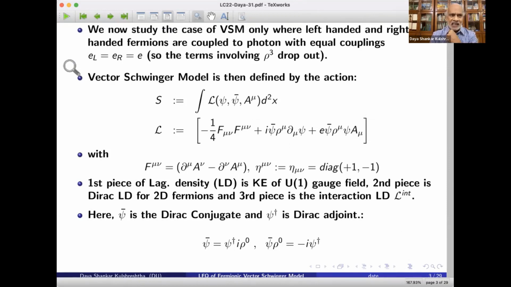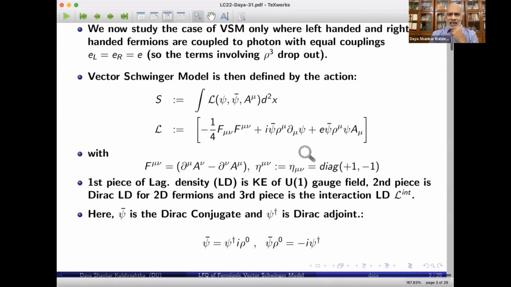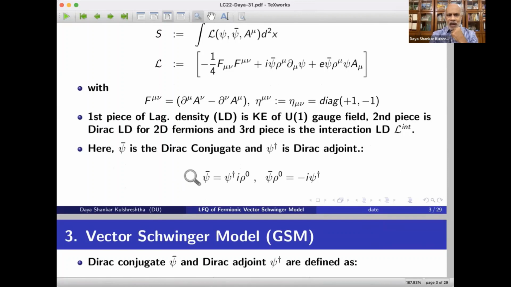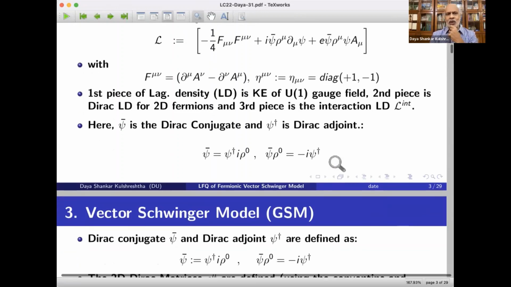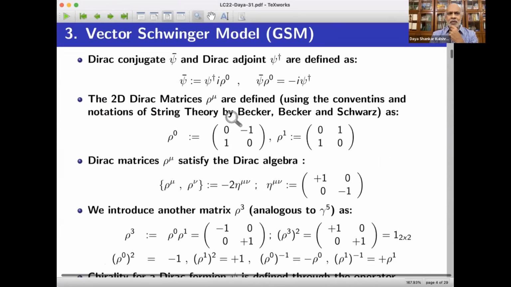So here I have set EL equal to ER equal to E. And psi bar and psi dagger are the usual Dirac conjugate and Dirac adjoint. They are related through the matrix rho 0.